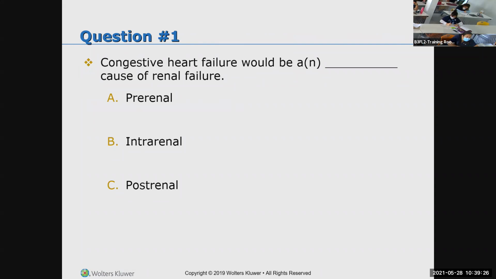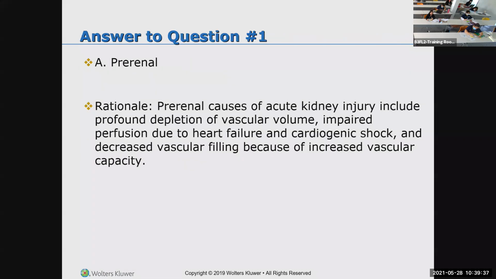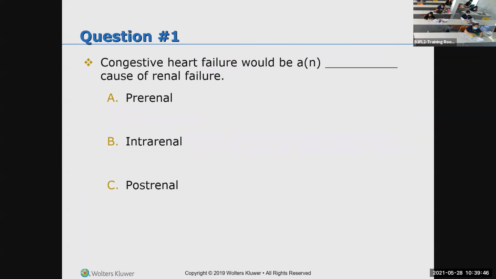Congestive heart failure is a cause of renal failure. Is it pre-renal, renal, or post-renal? Pre-renal, before the kidney, because the kidney is fine. And that is because my heart is enlarged.